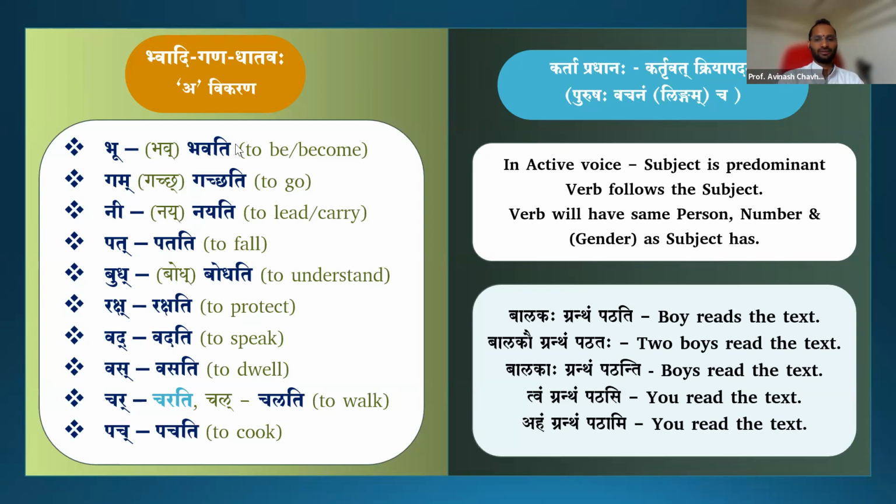Now, based on these, let's see some sentences. Balakah grantham pathati. What is the karta in this sentence? Balakah. What is karma? Grantham. And pathati is the kriyapada. Correct. Balakah is karta, in which purusha?